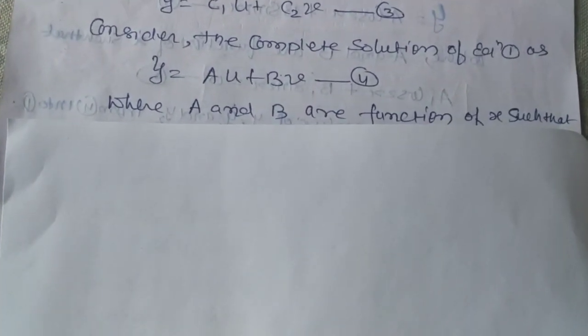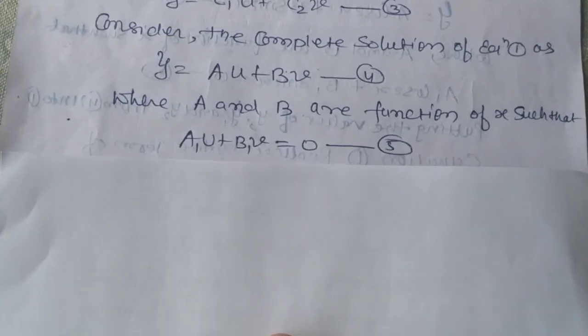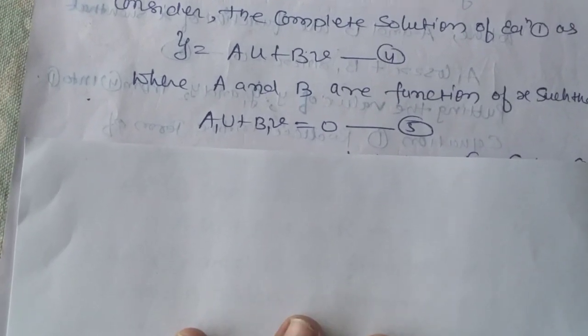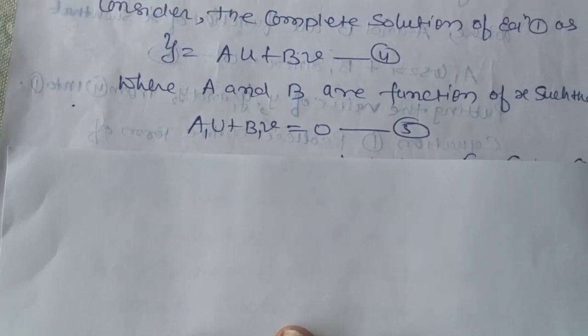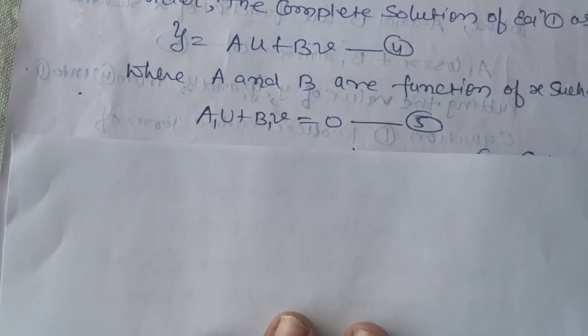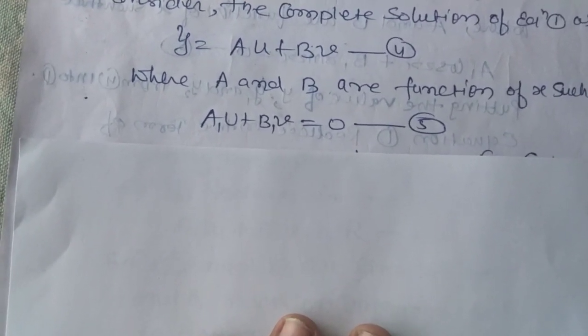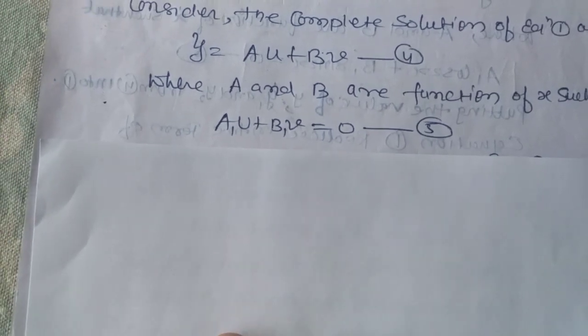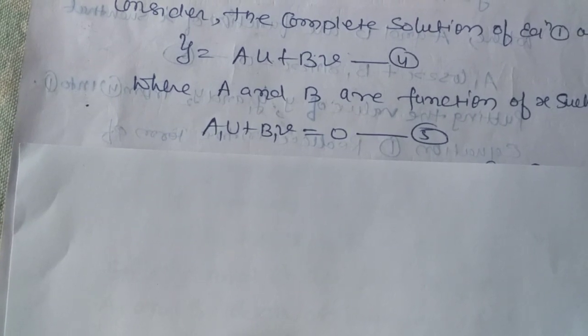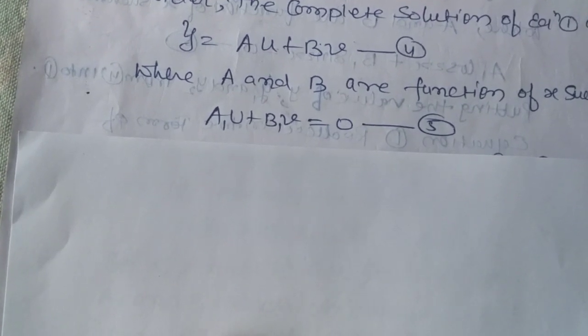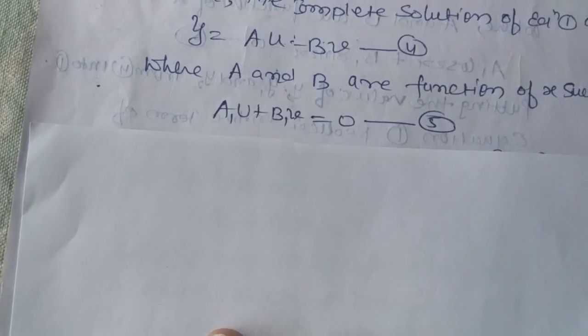These functions satisfy a condition. The condition is a1u plus b1v equal to 0. This is the condition the arbitrary functions a and b satisfy, where a1 and b1 are derivatives of a and b with respect to x.